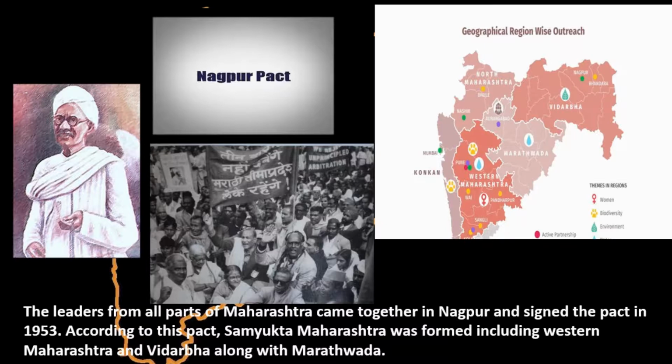All these political parties participated in it. Comrade Shripad Amrut Dange presided over it. Here, S.M. Joshi proposed a resolution that Sayukta Maharashtra with Mumbai and Vidarbha should be created.